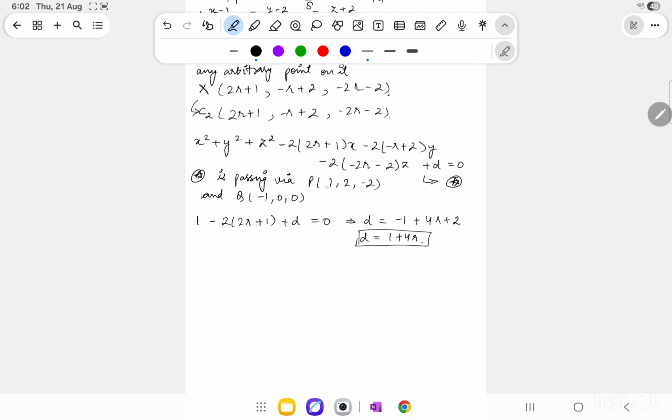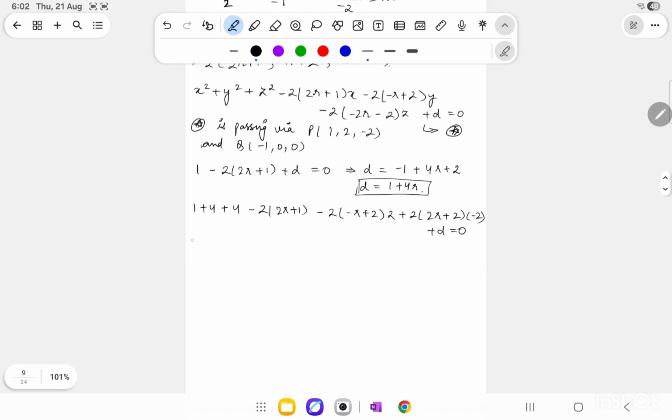Also it is passing via 1, 2, -2. So from here I get 1 + 4 + 4, minus 2(2r+1), minus 2(-r+2)(2), plus 2(-2r-2)(-2), plus d equals to 0.